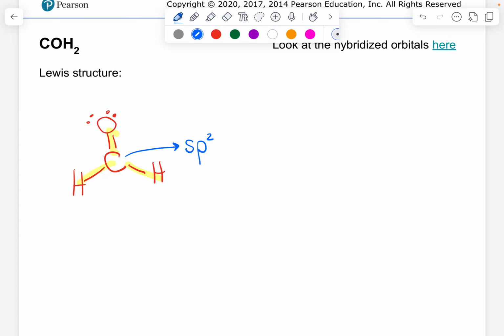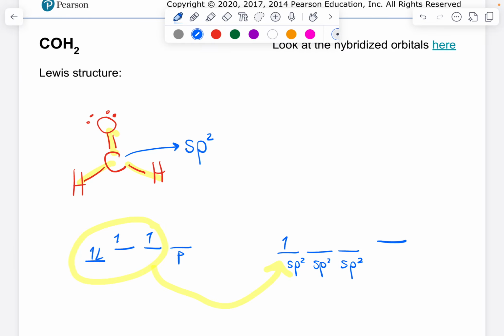Okay, so the carbon atom originally looked like this, had 4 valence electrons. The new one actually only has 3 orbitals. And what else is interesting is that, remember this p orbital over here that we didn't do anything with? We took these, we hybridized them, and we made sp2 orbitals. We actually have a p orbital left behind, okay?